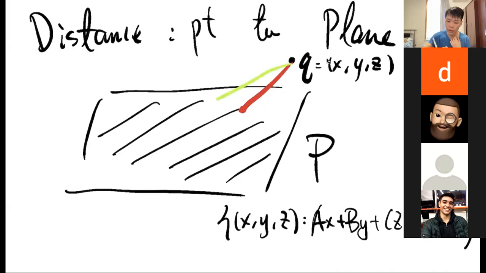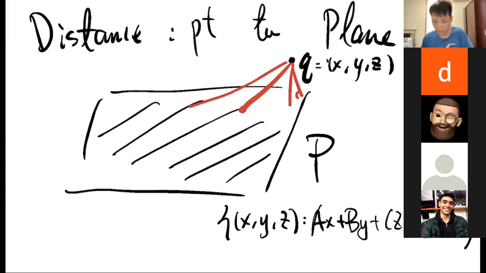In another direction, it can be here, here, or here. It turns out the smallest distance to travel is the one along the perpendicular direction. So that's why we need to find the normal vector.